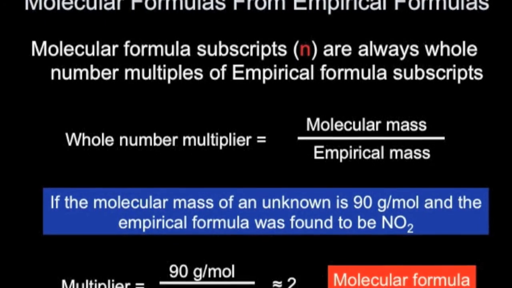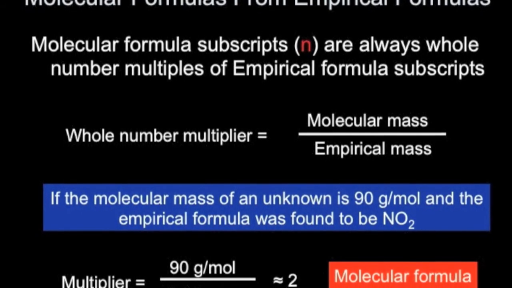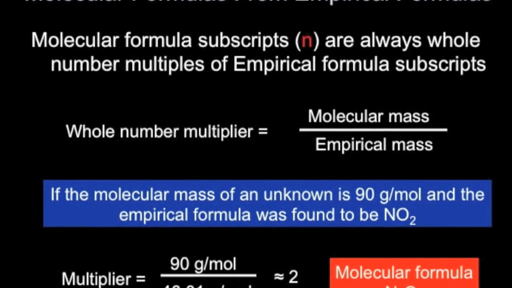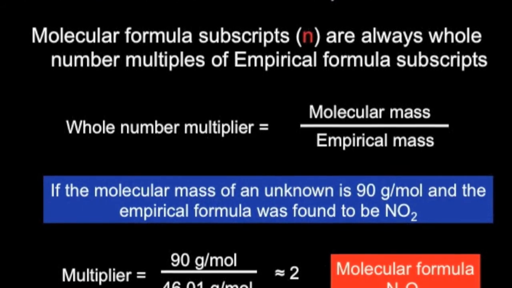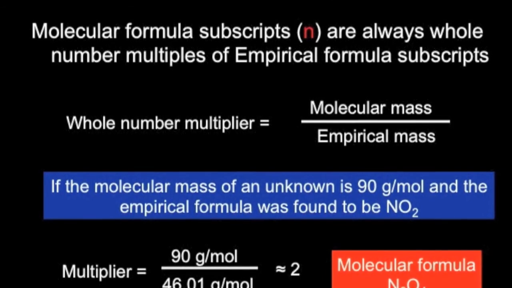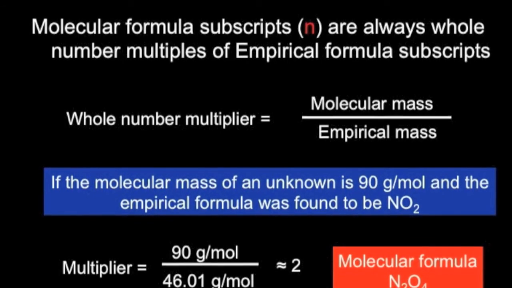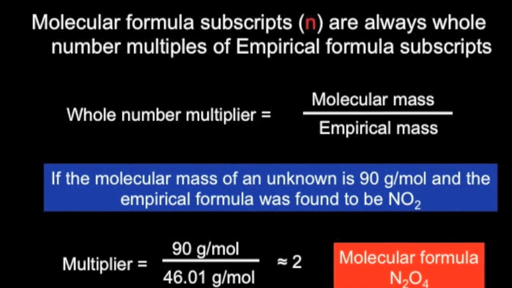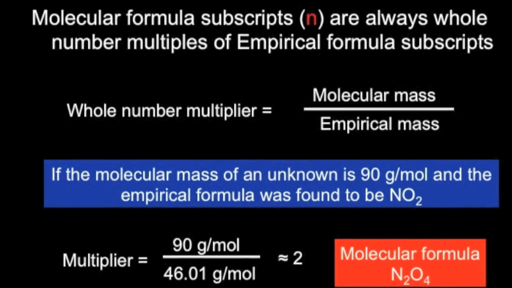So for example, if we have a molecular mass of an unknown that is 90 grams per mole, and the empirical formula we found was NO2, then we're going to take that 90 grams per mole for the molecular mass, divided by the molar mass of the empirical formula, NO2, which would be 46.01. Divide those two together and we get a number that's approximately 2. So in this example, we can take that molecular formula to be N2O4, twice the number of that empirical formula.